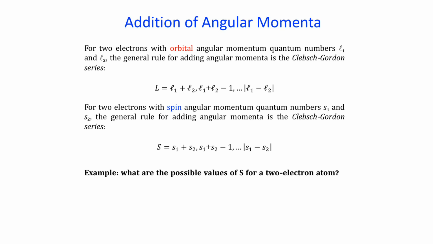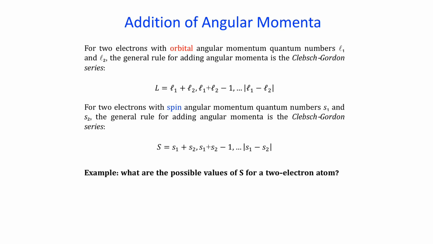Similarly for our total spin angular momentum quantum number, we can obtain that from a similar Clebsch-Gordan series where we now use the spin quantum numbers S1 and S2 for each individual electron in our 2-electron system. Again, we start with the sum, the next term is the sum minus 1, then you keep going in that series until you reach the absolute value of the difference.